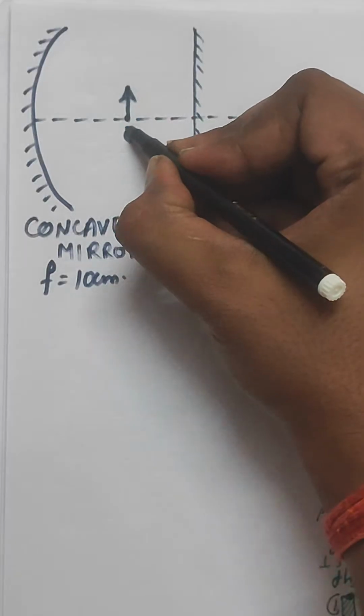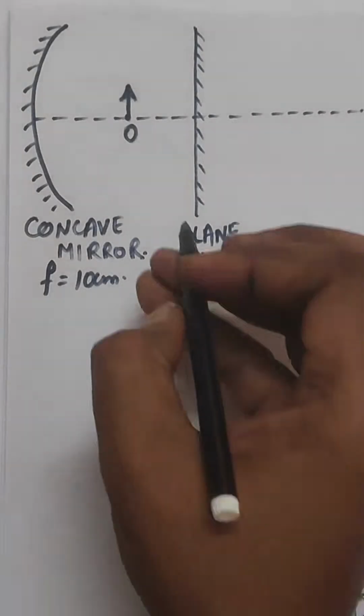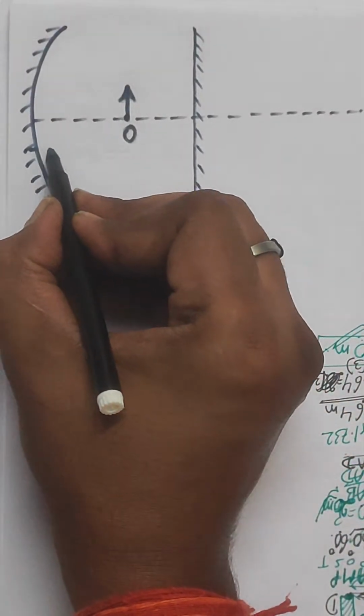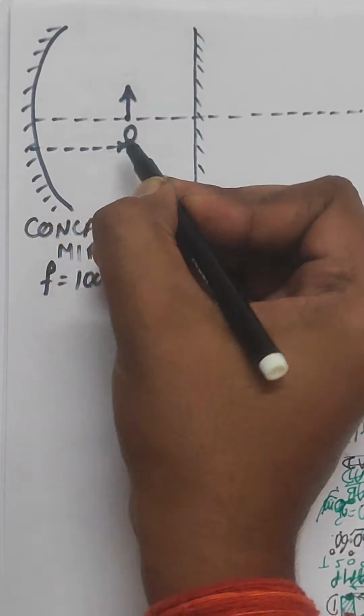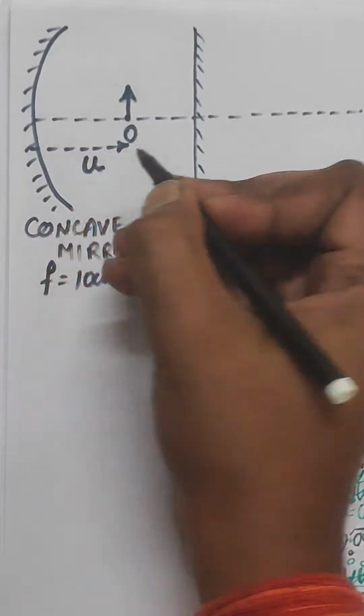This is the position of the object. It is being asked where an object can be placed, that means it is asking for the object distance. The object is always placed at a distance of u. So let us say this is u.